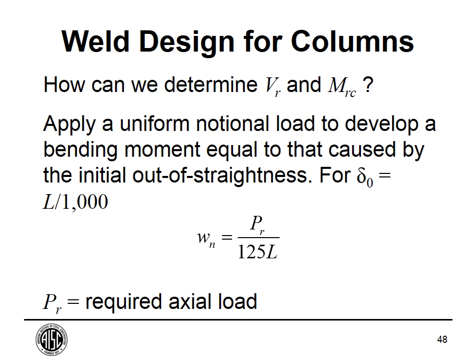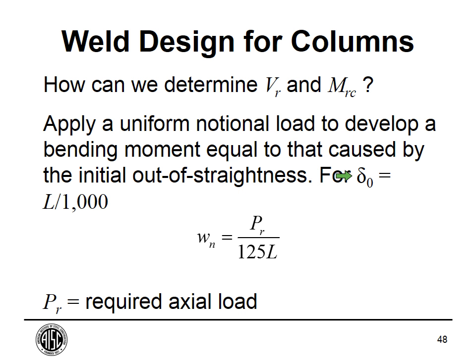The goal is to apply a notional load that gives you the same moment within your column as the initial out of straightness. So what we're going to do is P times delta sub O, where delta sub O is defined by the Code of Standard Practice as a maximum of L over 1,000. So P sub R, the load in the column, times delta sub O gives us a moment.